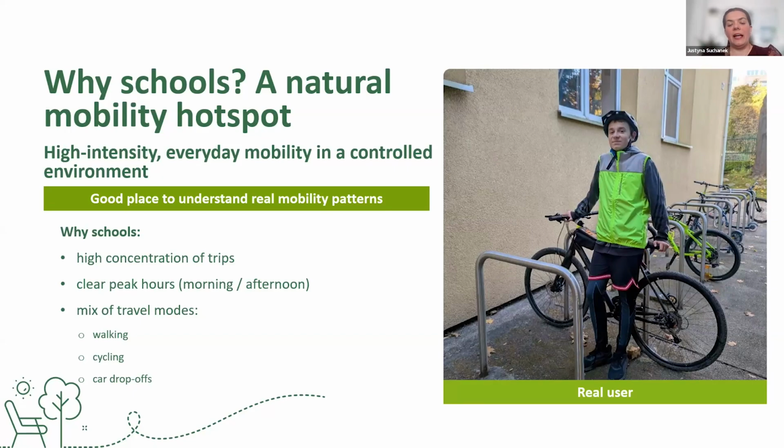And when you look at it from a city perspective, it's almost like a natural laboratory for us to do something with the data, because we want to increase active mobility, and we've had a lot of campaigns for kids, for the people who work. Right now we have the campaign also for the students, but this is the result of our pilot, of our collecting the data from the schools.